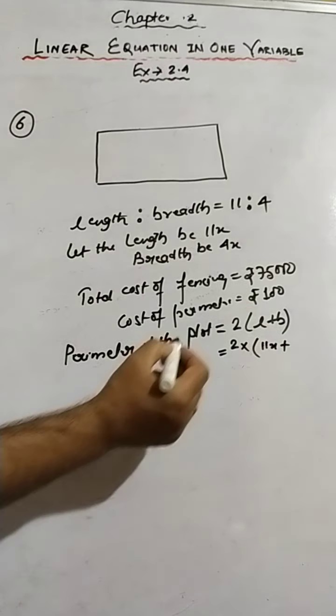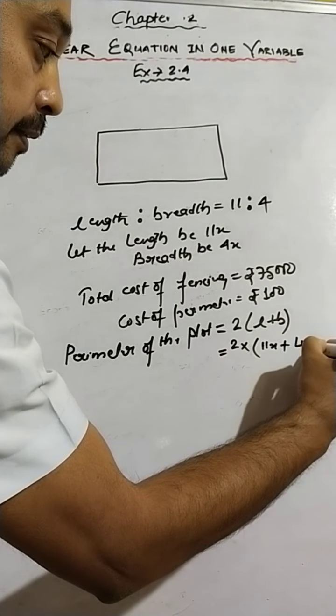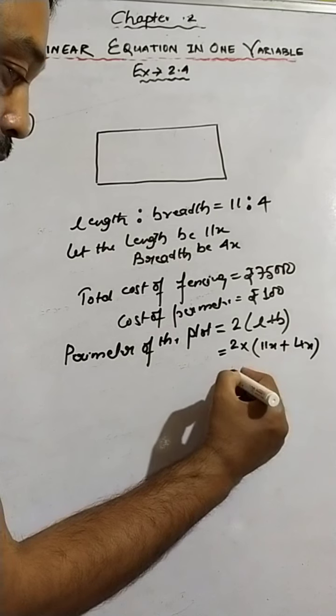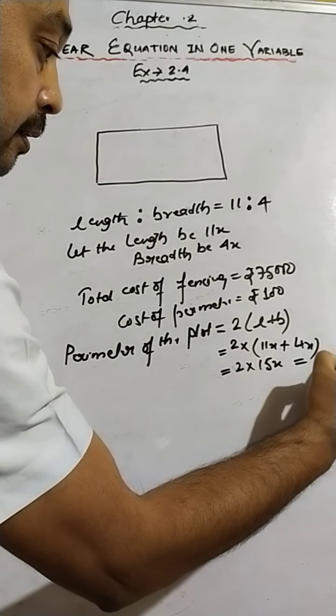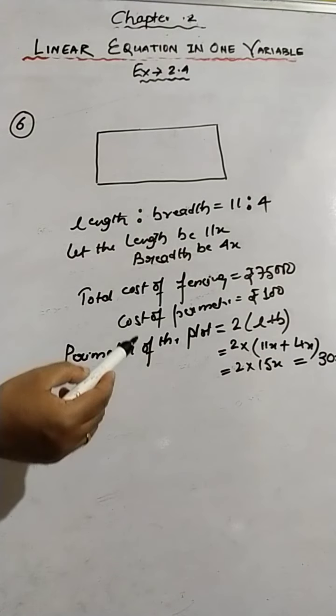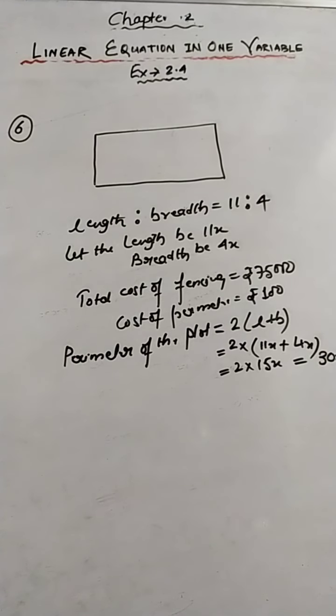In place of breadth we'll put what? 4x. Isn't it? Now we'll add this to 2 into 15x. That will be 30x. So this is the perimeter of our rectangular plot, that is 30x. Okay.